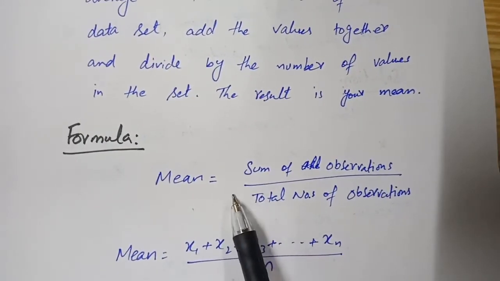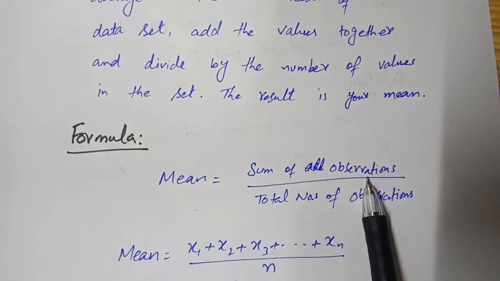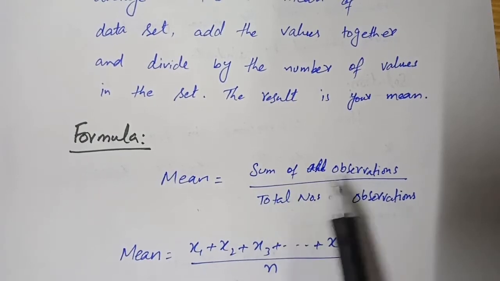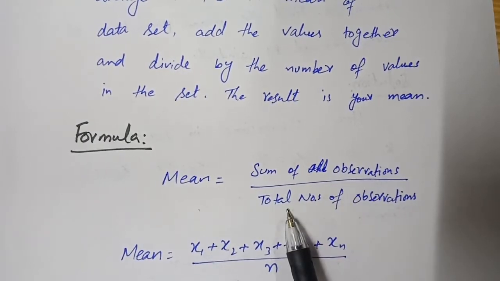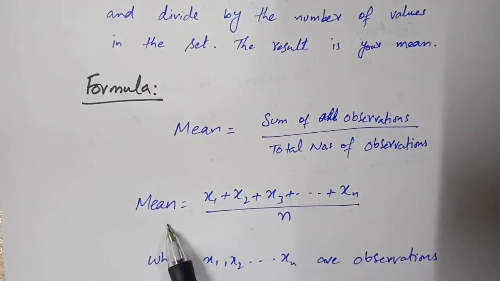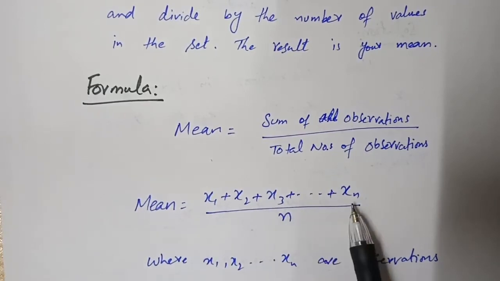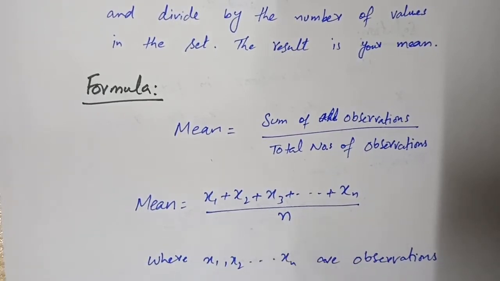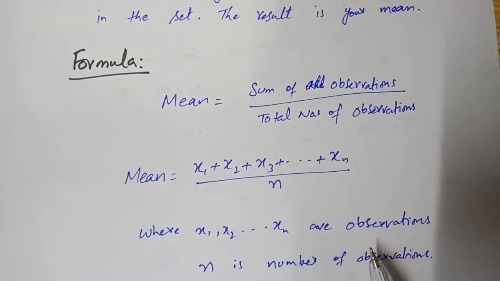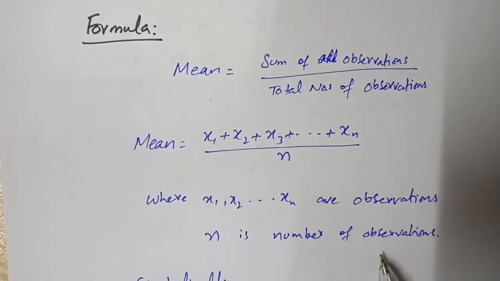Mean, as we defined, is the sum of all observations divided by the total number of observations. So we can write its formula as mean is equal to x1 plus x2 plus x3 up to xn over n. Here x1, x2 and x3 are the observations, or data, and n is the number of observations.